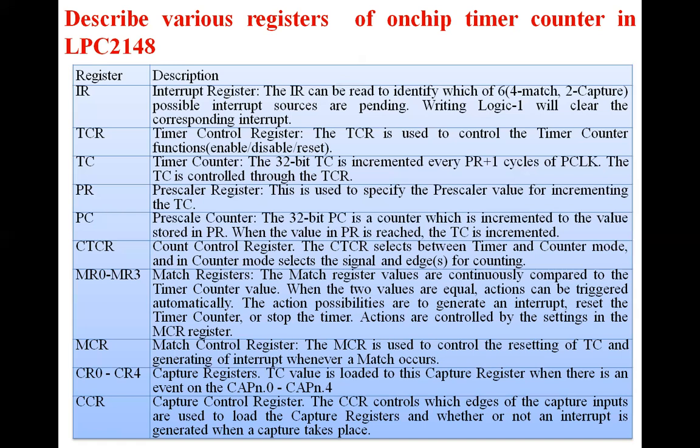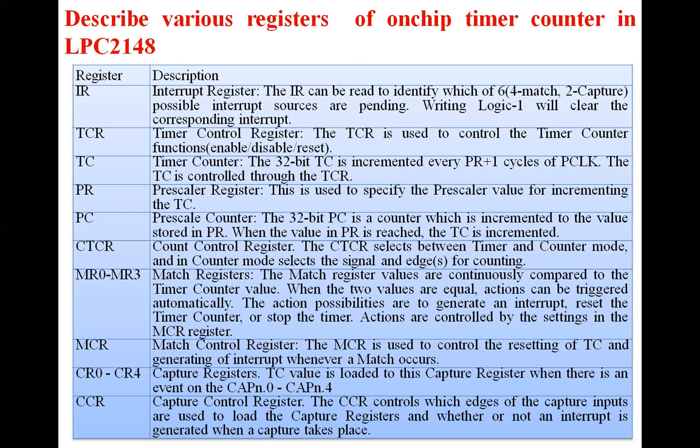The 32-bit PC, the prescaler counter, is a counter which is incremented up to the value stored in PR, and when the value in PR is reached, the TC is incremented. Then CTCR is the count control register. The CTCR selects between timer and counter mode, and in the counter mode selects the signal and edge for counting.